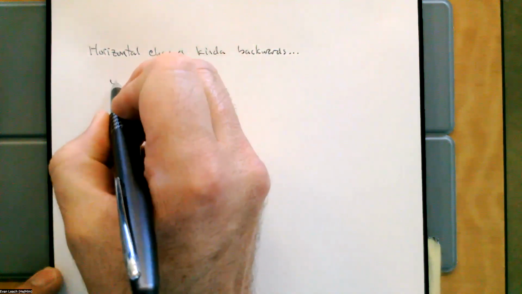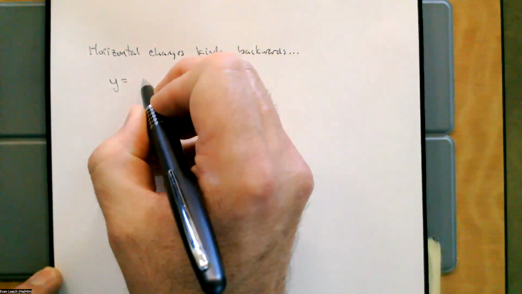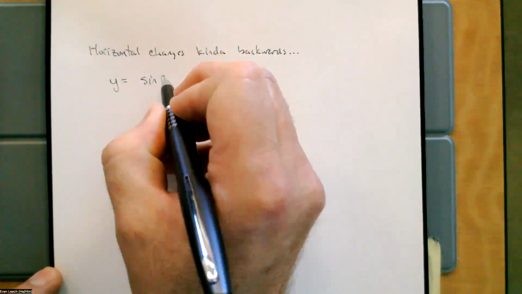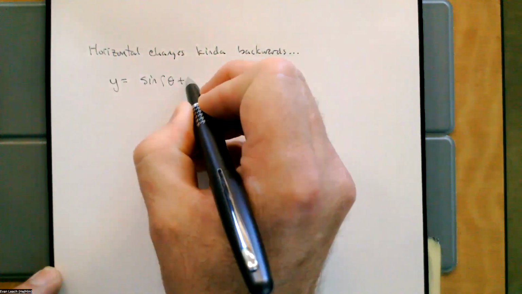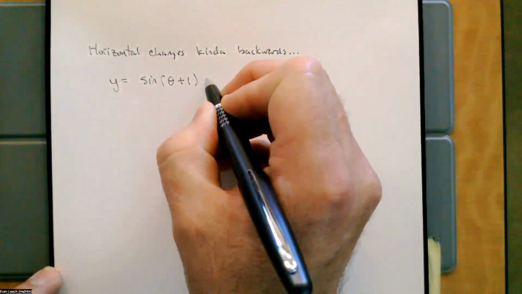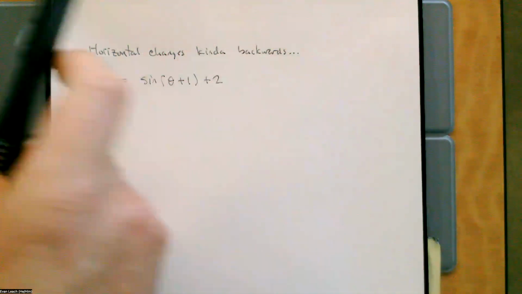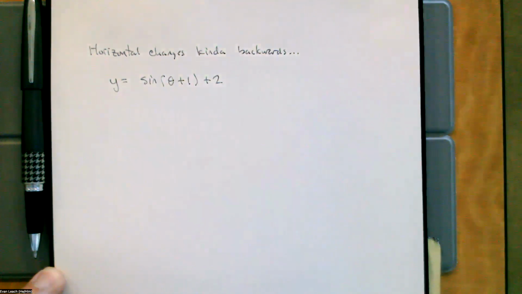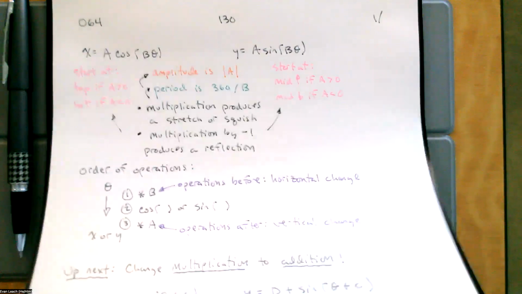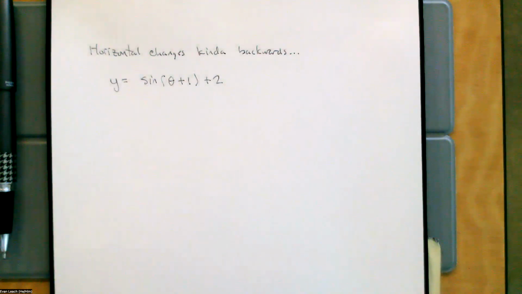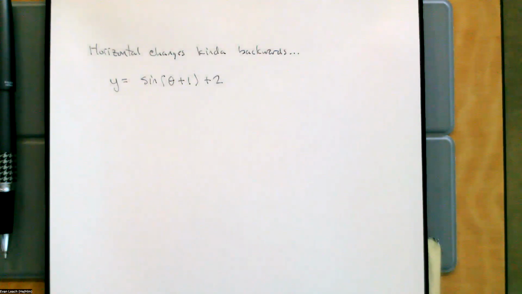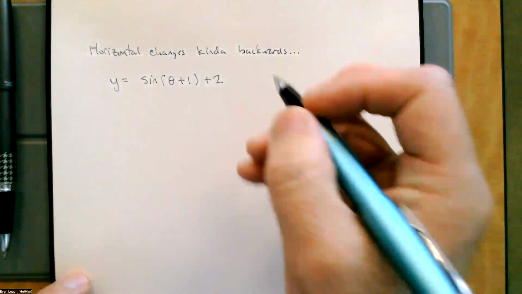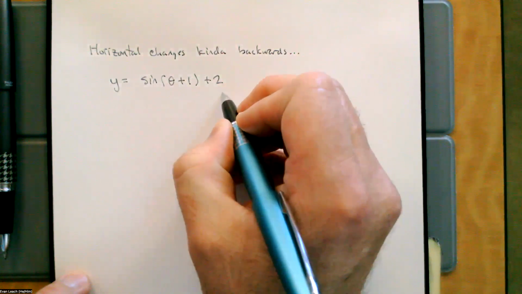For example, if we have y equals sine of theta plus 1, plus 2, this plus 2 moves the graph up.